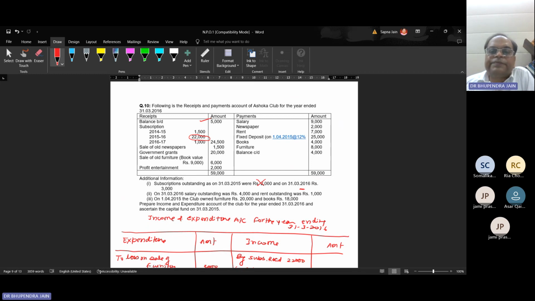Fixed deposit on 1st April 2015 at the rate 12% is rupees 25,000. We have deposited the amount into the bank, है ना भाई, कितना भाई 25,000, इंटरेस्ट कितना है 1,500.